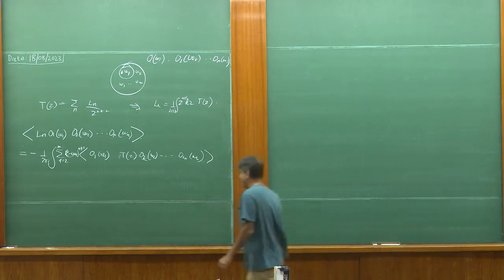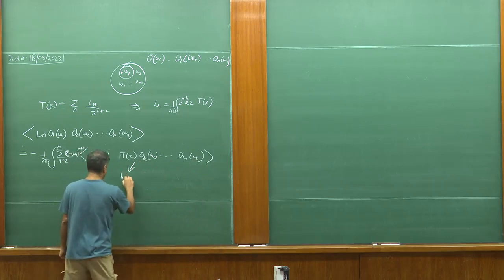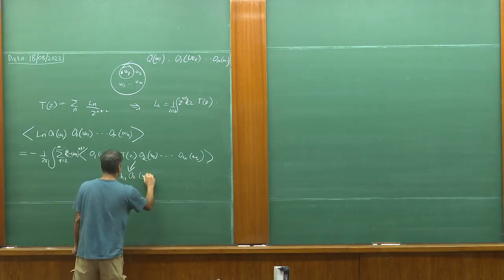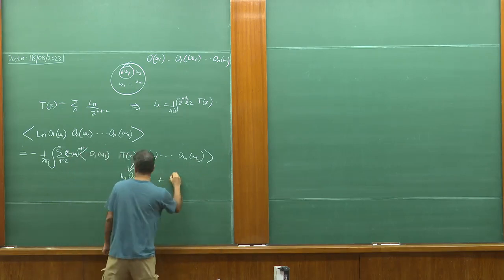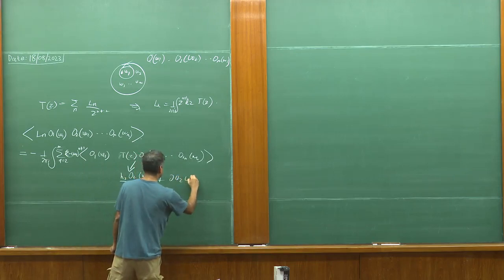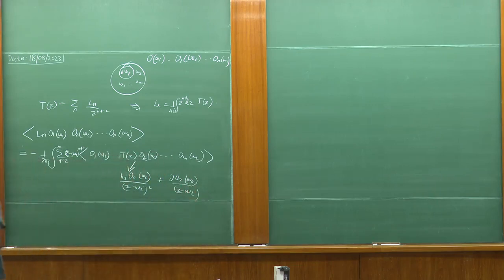Okay, but the OPE allows us to replace this guy with h2 O2 of omega 2 by (z minus omega 2) whole thing squared, plus del O2 of omega 2 by (z minus omega 2), plus higher orders.